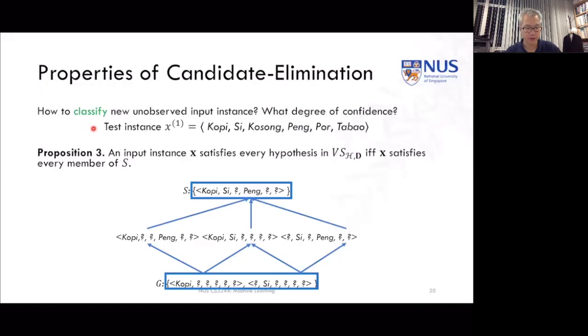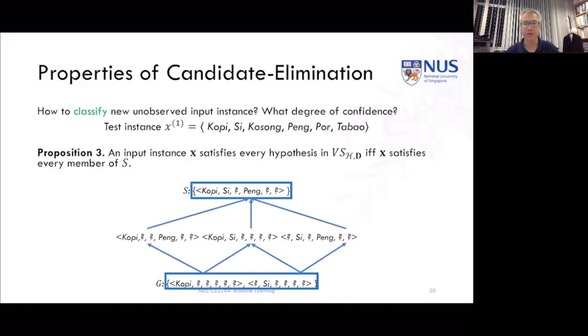Let's take a look at this target example, which might be a test instance that we expose our partially learned concept to. This particular instance has copy, si, kosong, peng, po, and dabao.